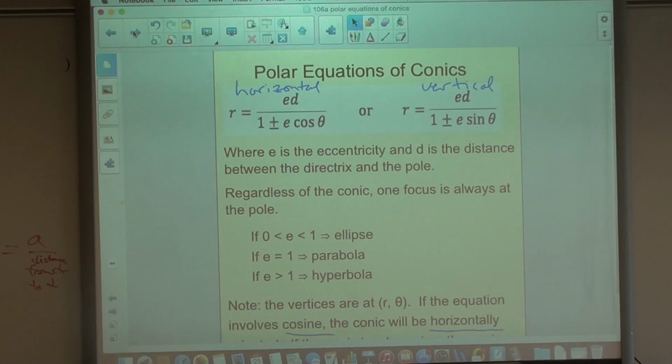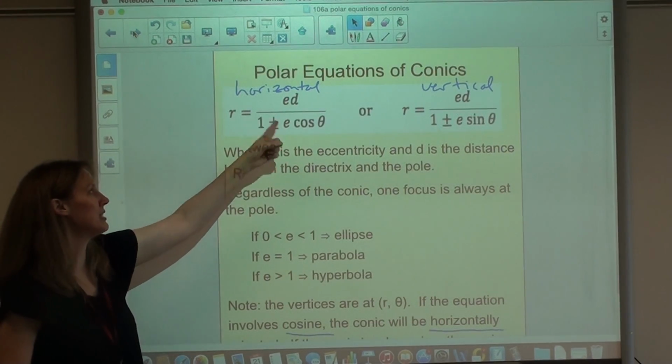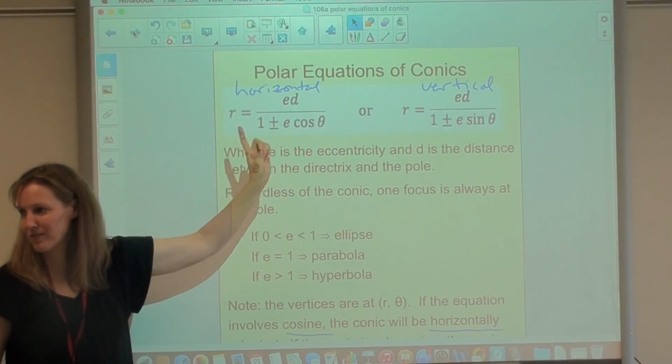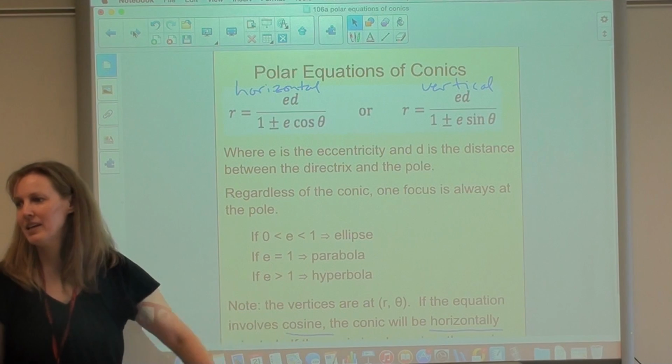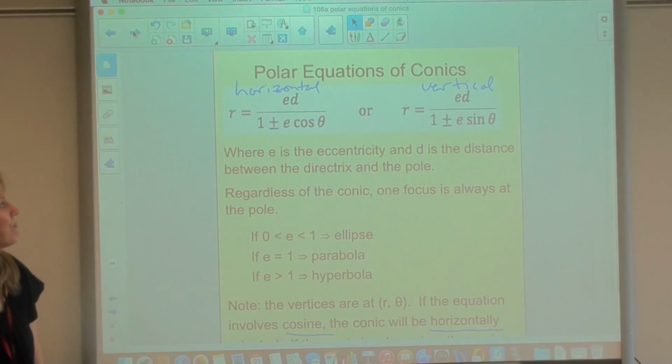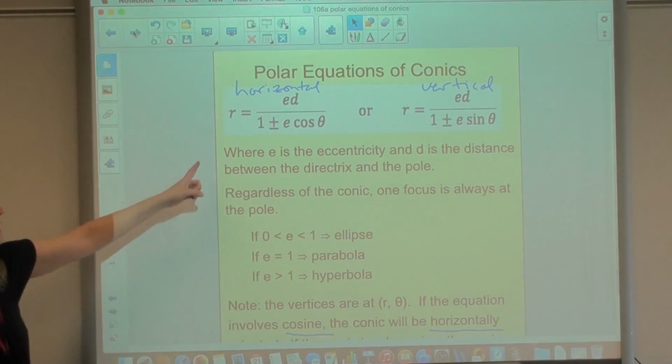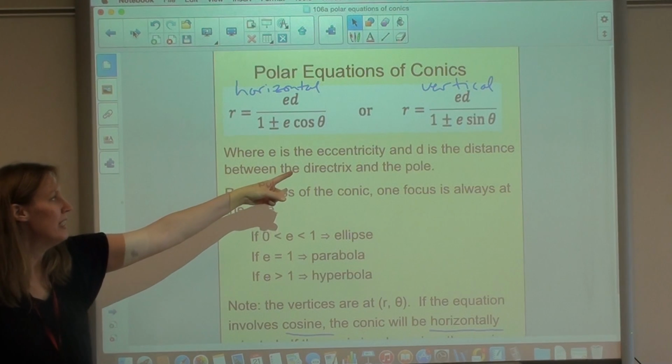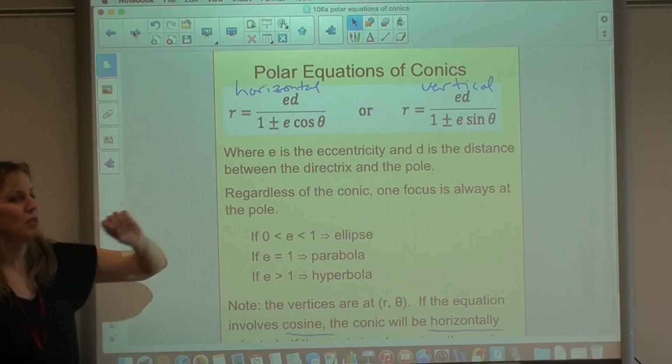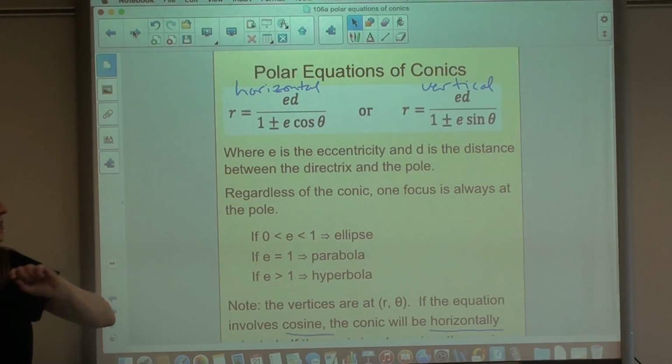Alright, here we go. We're gonna do polar equations of conics. There are technically 4 standard forms, but I'm calling it 2 standard forms. You could have 4 if you want to think of the plus and the minus as a separate equation. E is the eccentricity, and D is the distance between the pole and the directrix.